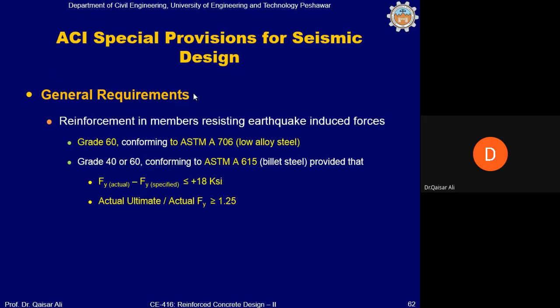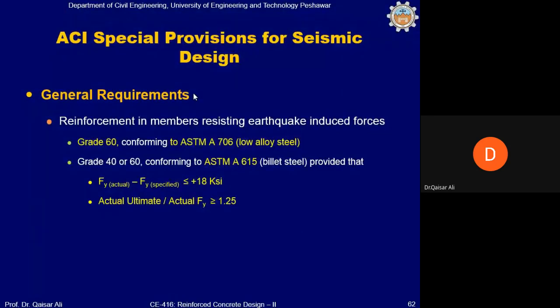If it is less than this, then it is not acceptable. For example, you are using a grade 60 steel, and the actual ultimate from the test comes out to be, let's say, 90. And the actual yield, not the specified yield, comes out to be, let's say, 65. The ratio of 90 to 65 is 1.38, so it is allowed to be used.